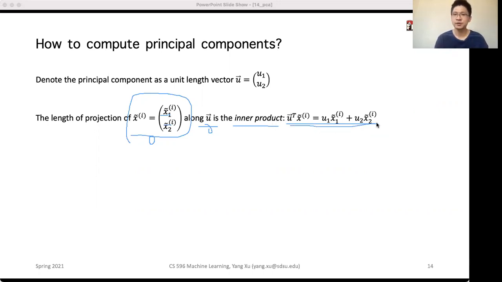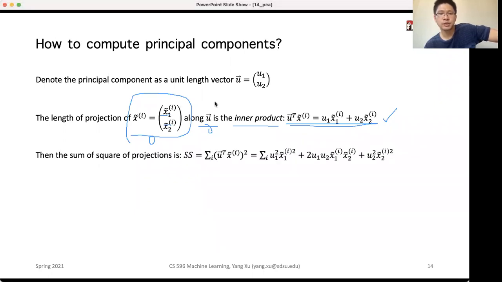I think we have something similar covered in the SVM when we use the projection to measure the distance between a point to a vector, right? So anyway, we have this inner product that is the projection length for that data point.